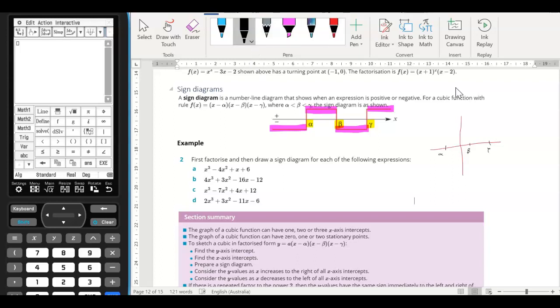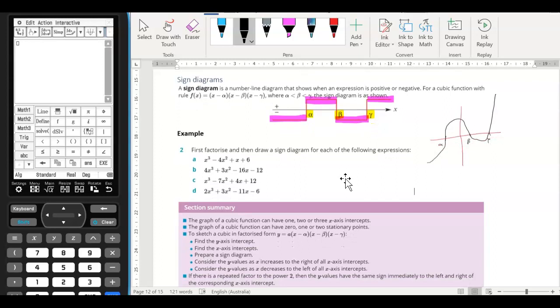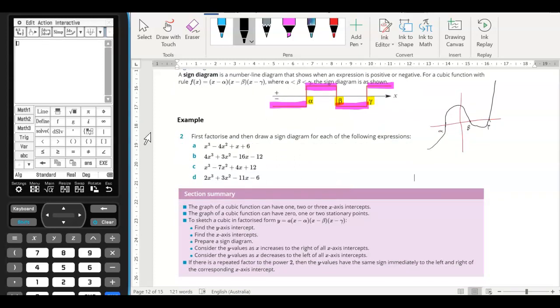We're starting off below the x-axis until we get to alpha, and then we go above the x-axis until we get to beta, and then we're below again until we get to gamma, and then we can go back up again. That is the worst cubic I've ever seen, but that's how you read your sign diagram. The only example I have here is example 2.